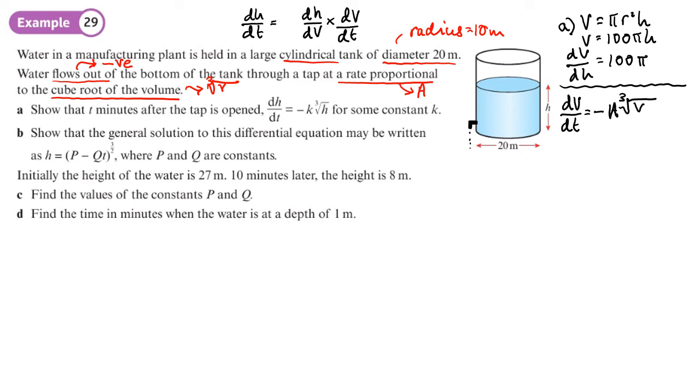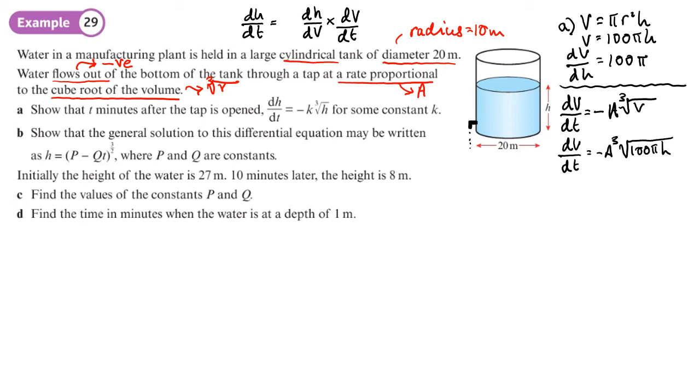That's straight from chapter 9, I think it is, the differentiation. We know what the volume is, so dV/dt, you could say, is negative the constant times the cube root of the volume, which we've just got up there, which is 100 pi h.